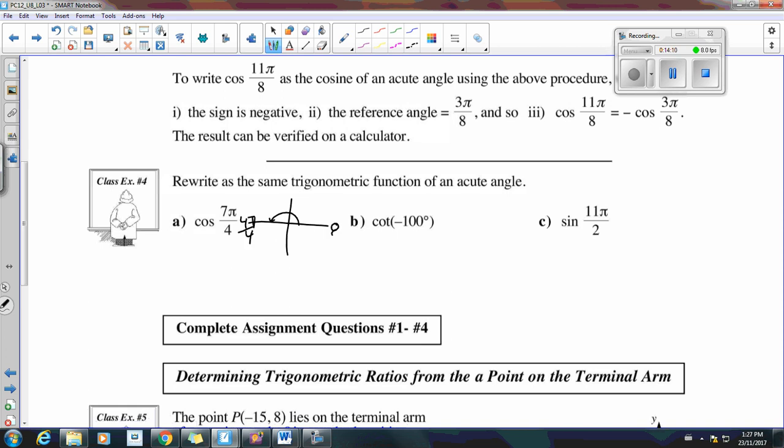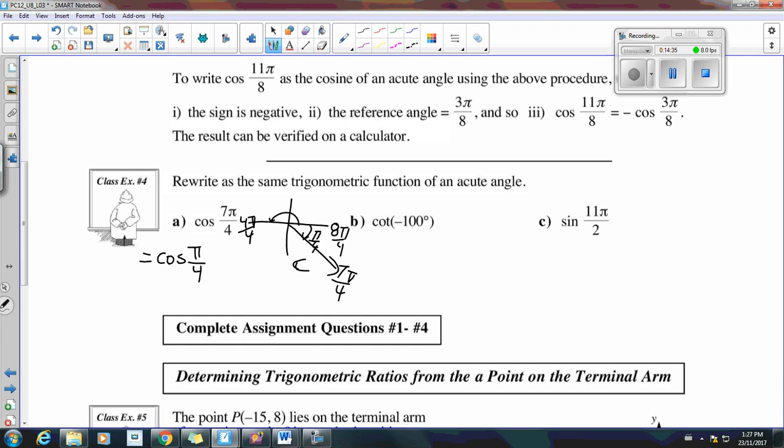A full rotation would be 8 pi over 4, because that's 2 pi. So 7 pi over 4 would be here, and we have a reference angle of pi over 4. Cosine is positive here. So therefore, I know that the cos of 7 pi over 4 is equal to the cos of pi over 4.